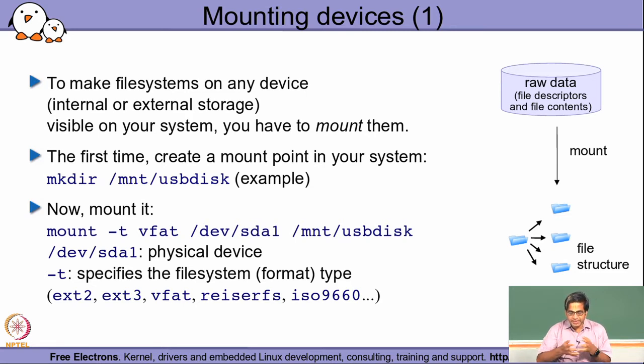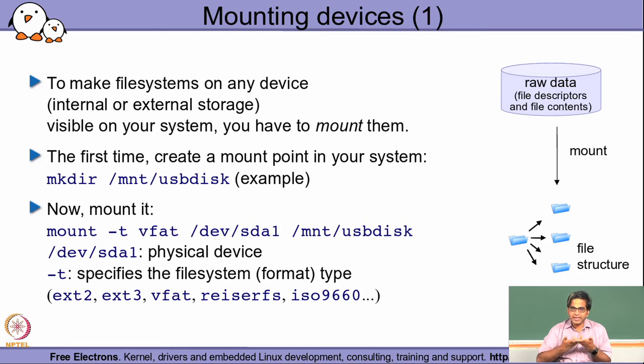So, first I use the mkdir command and create the mount point, if for example that mount point is not already available, right. So, this is a one time activity that we will do till such time that I do not have the mount point. Once I create the mount point with mkdir, subsequently every time I mount it, I do not need to keep creating it again and again, right.